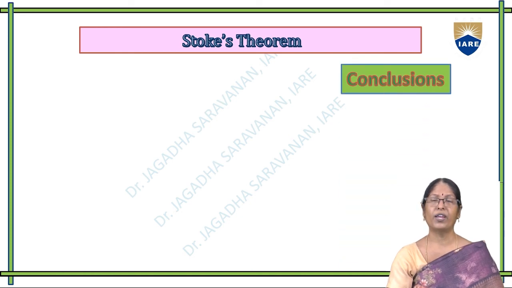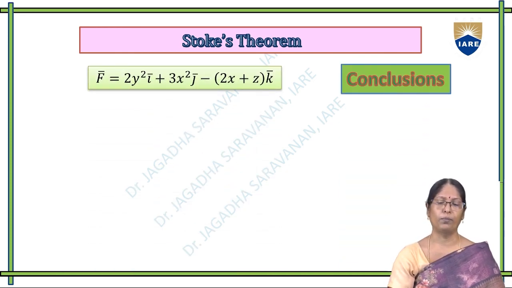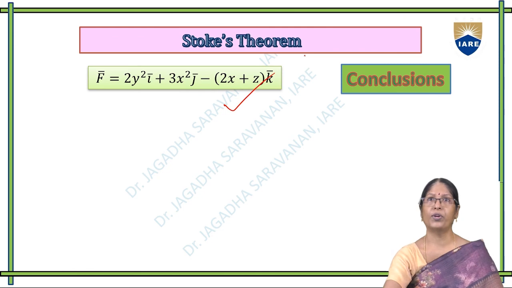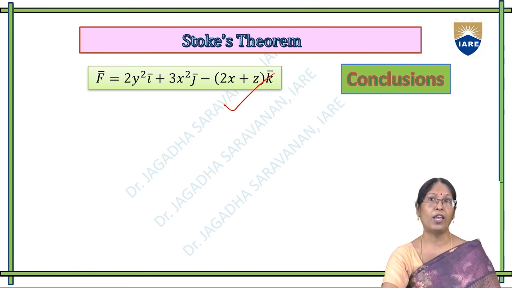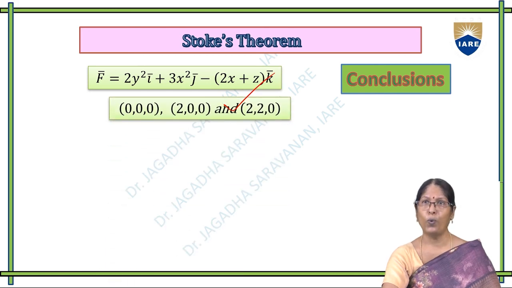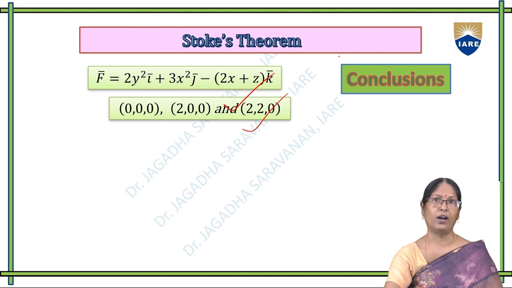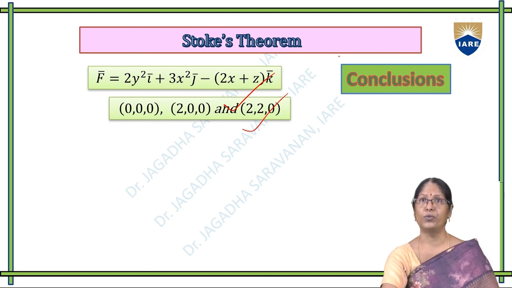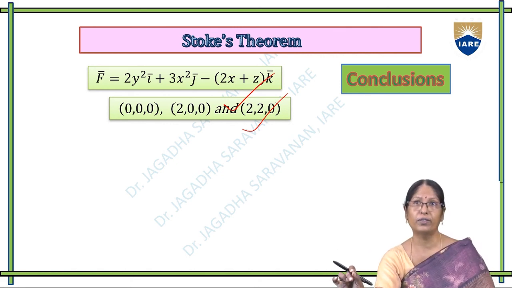Next, we have taken the next problem, for which the function is 2y square i plus 3x square j minus (2x plus z) k, for which the vertices are the first one 0, 0, 0, next 2, 0, 0, and the last one 2, 2, 0. It's a very beautiful thing.